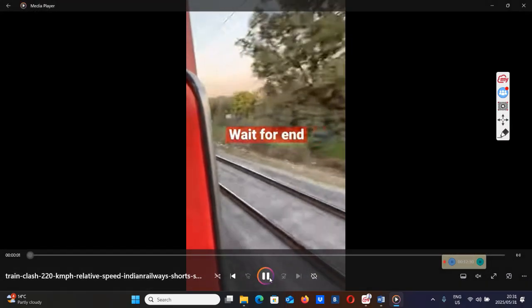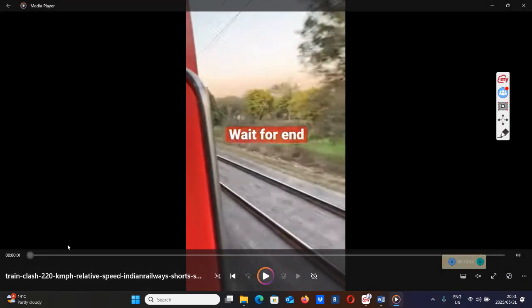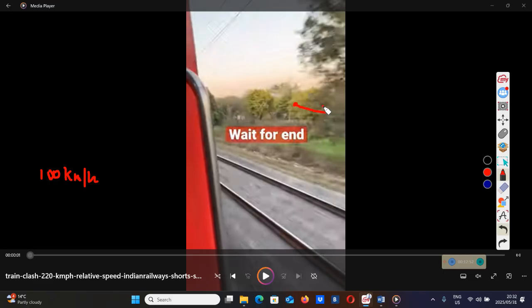So what's happening here is that if this train is moving at the speed of 100 kilometers per hour, these trees will appear to be moving in the direction opposite to the direction of this train.